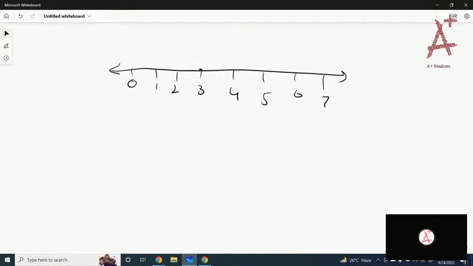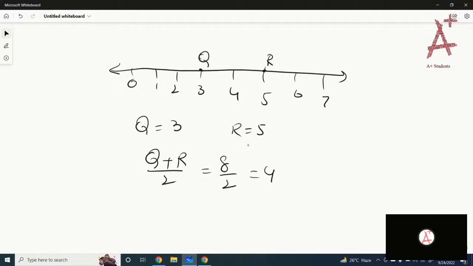Here you have Q and here you have R. You have to find the midpoint of QR. So the coordinate for Q is 3. The coordinate for R is 5. So for the midpoint, you have to add them and divide by 2. So Q plus R is 5 plus 3, which is 8, and 8 divided by 2 is 4. So this is the midpoint of this line segment.